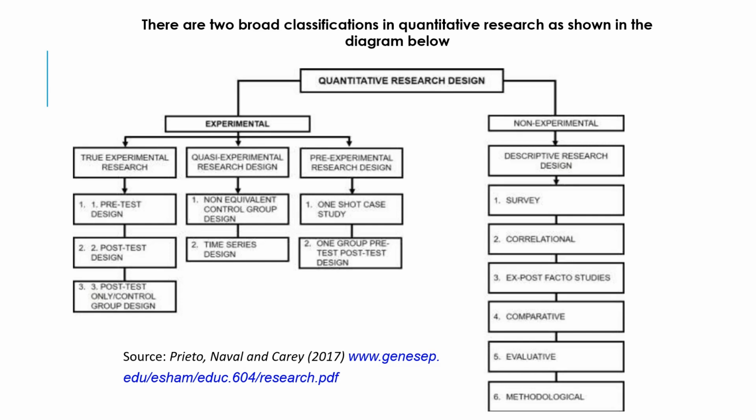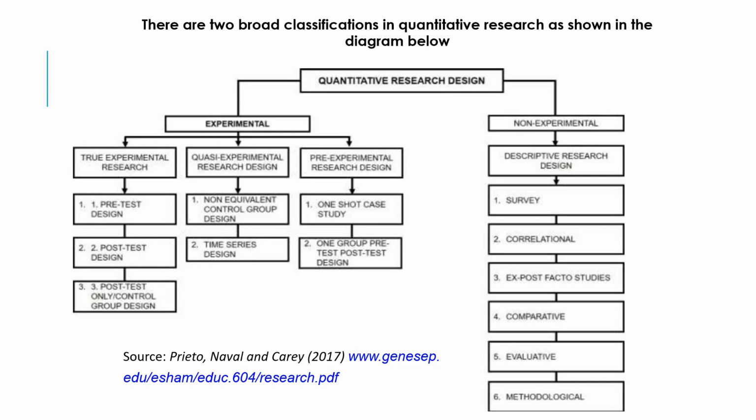So, kung titingnan natin dito sa true experimental, meron siyang tatlong classification. So, makikita natin meron siyang pre-test design, meron tayong post-test design, at meron tayong post-test only or control group design. Sa atin namang quasi-experimental research design, we have non-equivalent control group design and we have time series design.